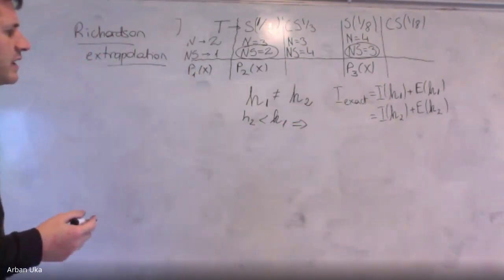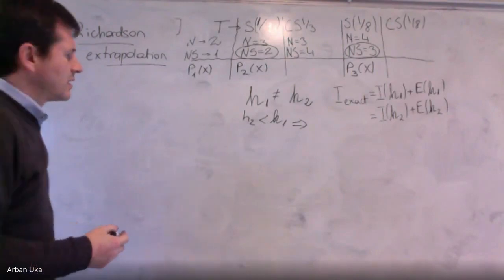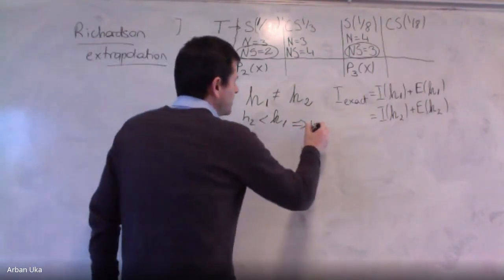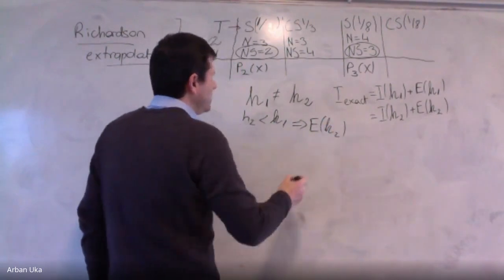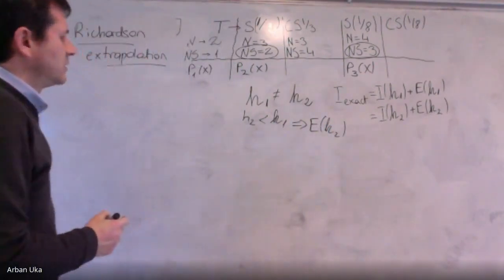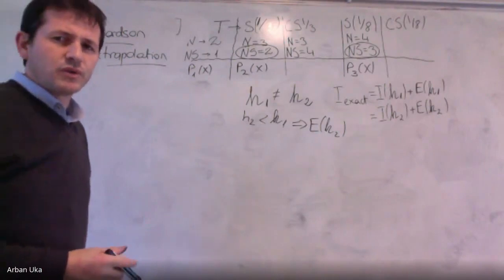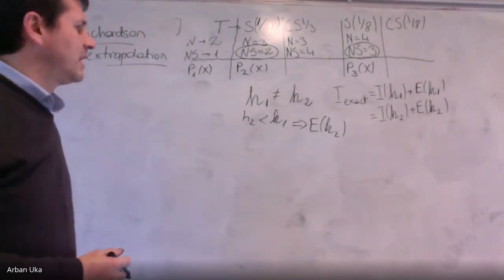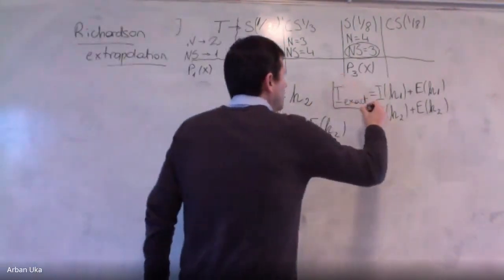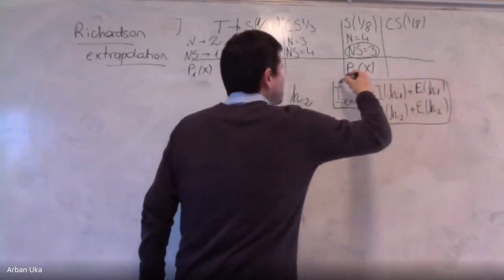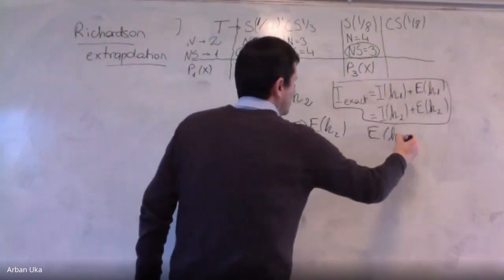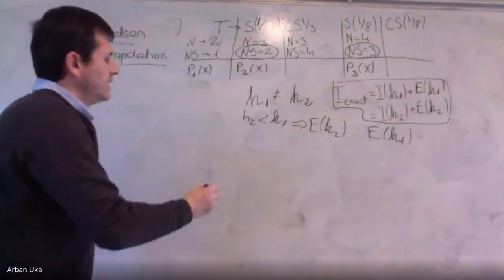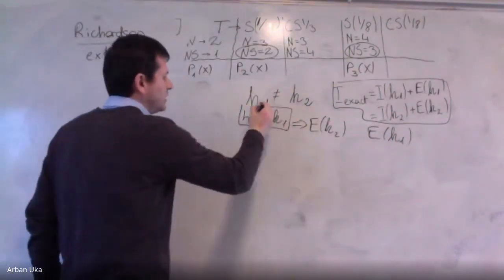Since this is a numerical integration, we might expect that the error of h2, let me think for a moment, is it smaller or larger? What would you expect here? How would it compare with the error of h1, if h2 is smaller than h1?